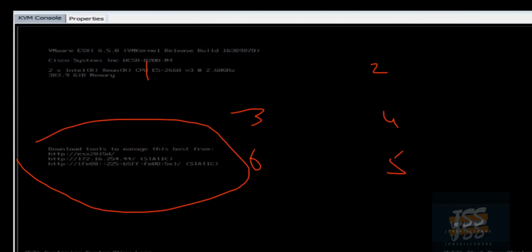Correct. So now imagine if I had 6 of these ESXi's running, all of them have what? Single IP addresses. Not a good way to manage all of these 6 machines, right? 6 servers. So what's the solution to manage all of these 6 hardware-level ESXi's? ESXi's are installed on this.